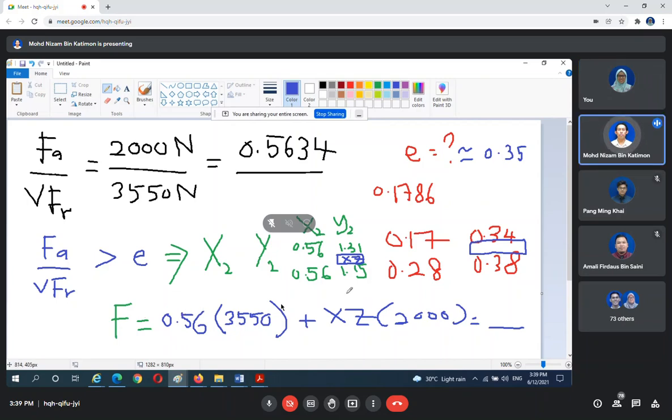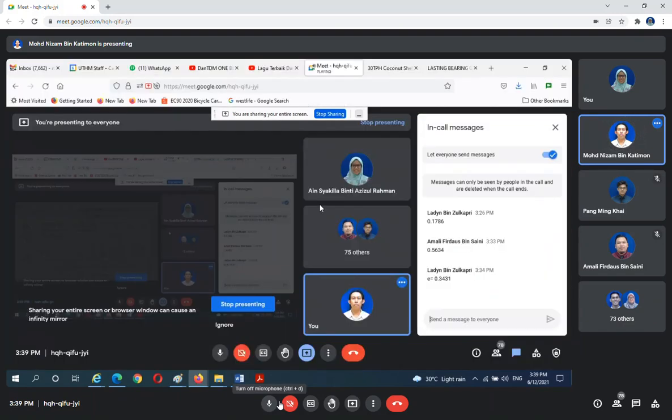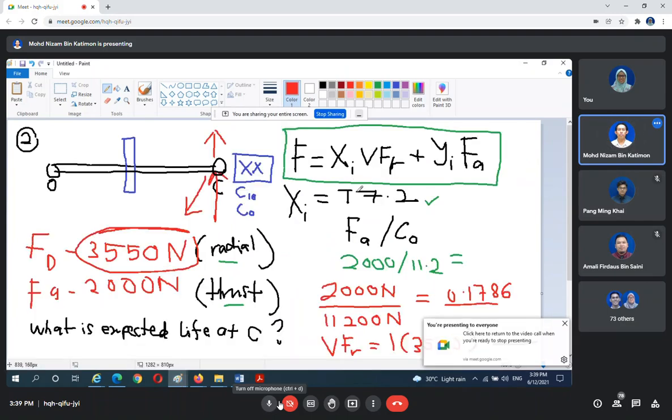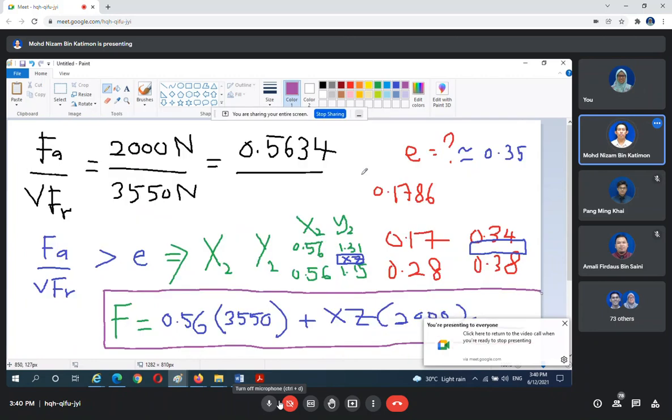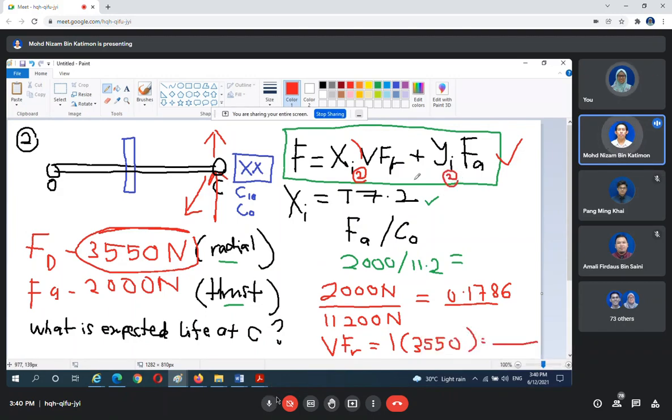Okay, this equation is referring to this one. In our case, I should be number 2, Y number 2. It's correct, right?